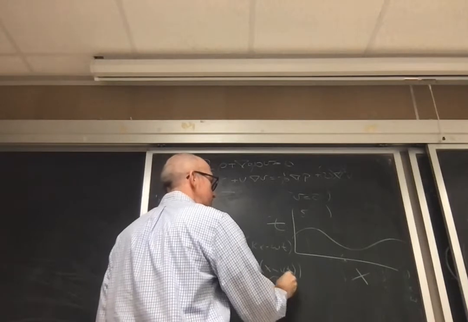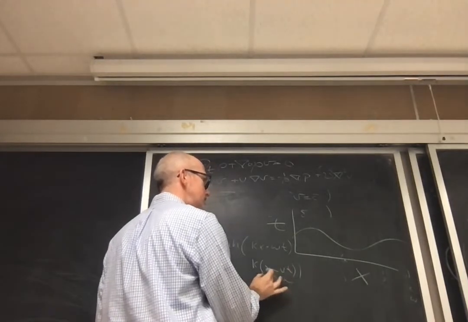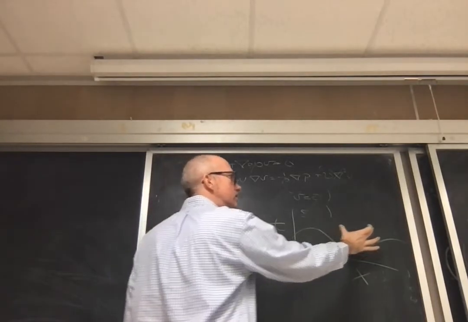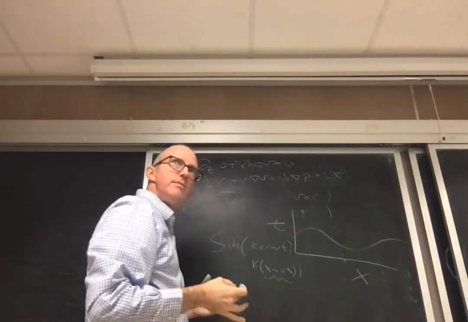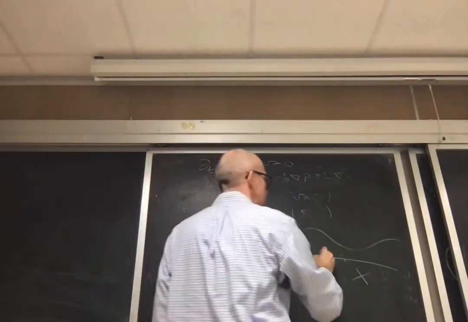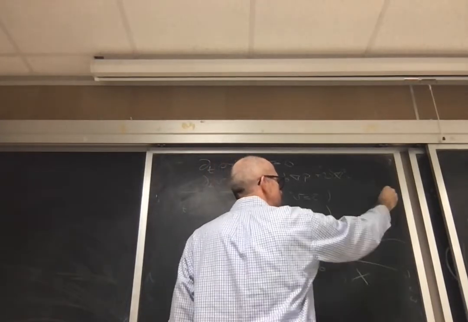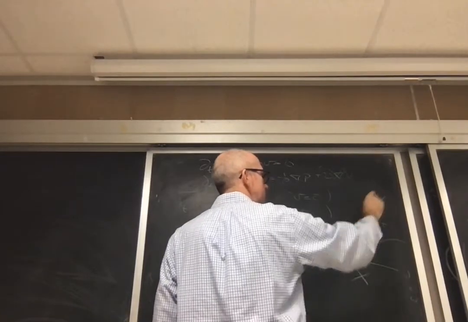And this is just a pattern. Like, this is just translation. X minus vt is just this thing slides over with a velocity v. Does that make sense? So if I take x naught, this is x minus vt, this line here.